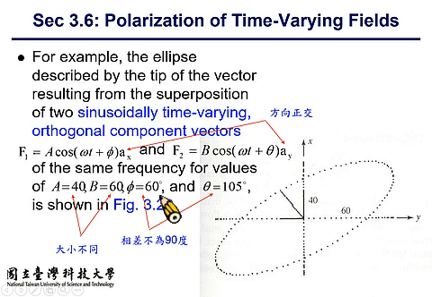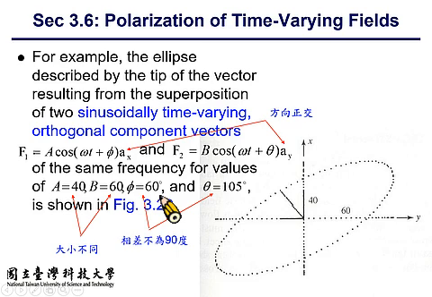And if phi and theta differ by 90 degrees, then they have the chance to form the so-called circular polarization. From the problem description, we know that phi is 60 degrees and theta is 105 degrees, so the difference is 45 degrees, which is neither 0 nor 90 degrees. So it cannot satisfy the three conditions for circular polarization.